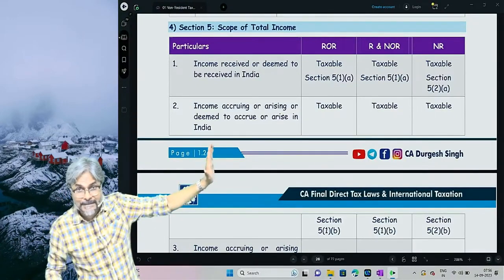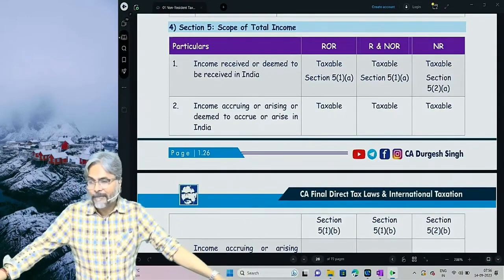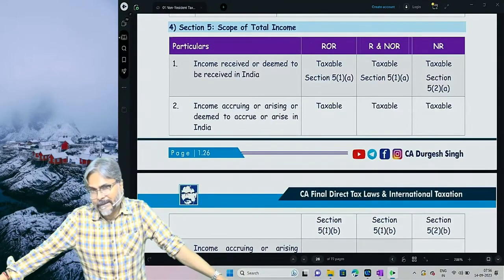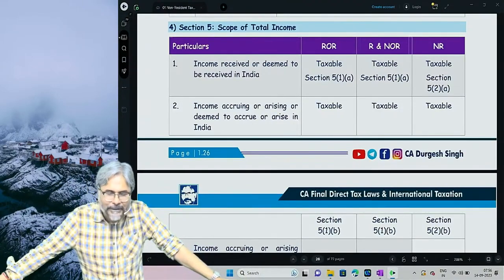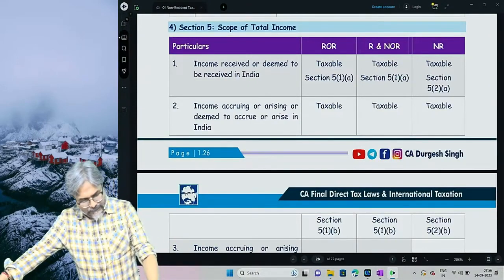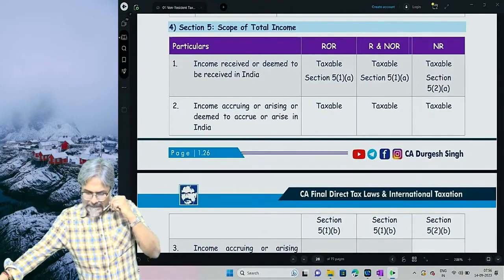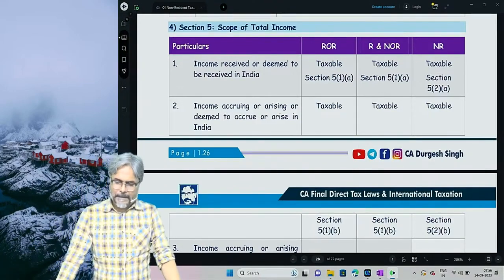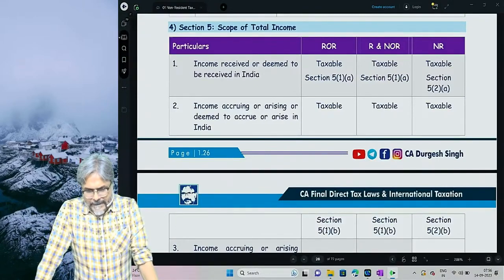But barring that, no other foreign income will be taxable in India. No other foreign income will be taxable in India. That point clear? No other foreign income will be taxable in India except this. I hope that all of you are clear with this. Fine, students? That exactly is the point in this regard. Fair enough.